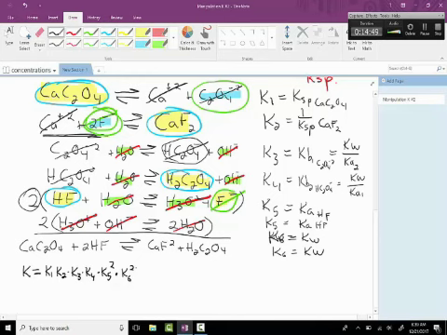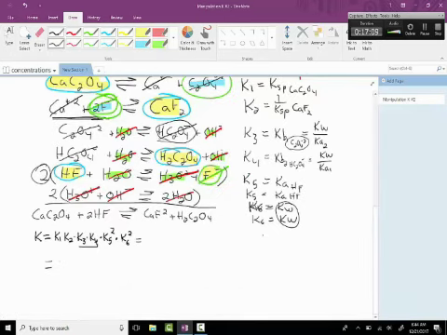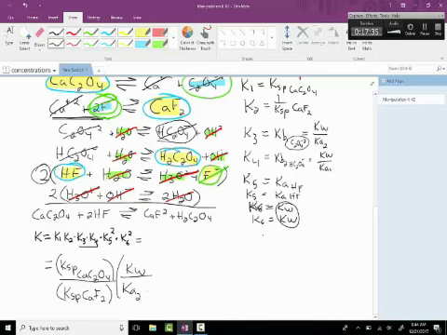Okay, and so I know all the values for those. I can look them up. K1 is the KSP of calcium oxalate. K2 is 1 over the KSP, so I'll put it down, KSP of calcium fluoride. K3 is KW divided by Ka2 for oxalic acid.